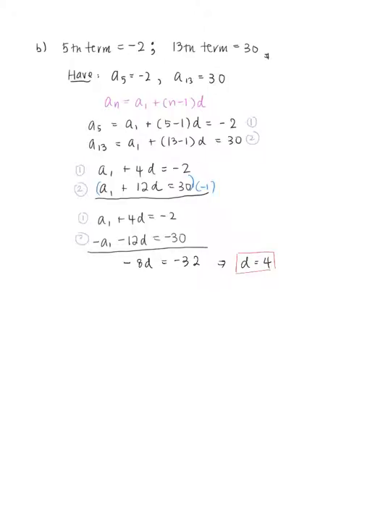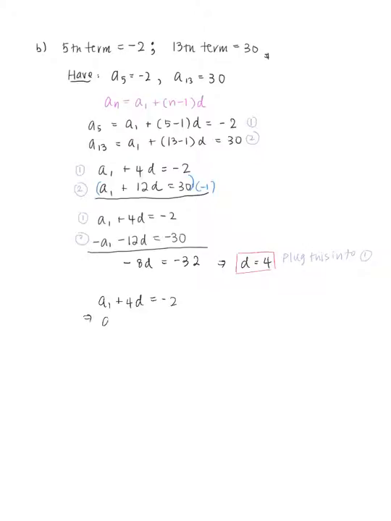Now to solve for a sub 1, plug this into either equation 1 or equation 2. I'm just going to take circle 1. So if I do that, then I'm going to get a sub 1 plus 4d equals negative 2.